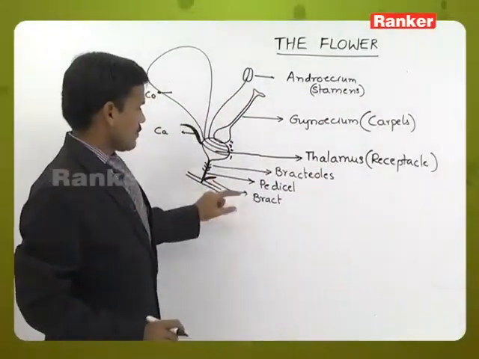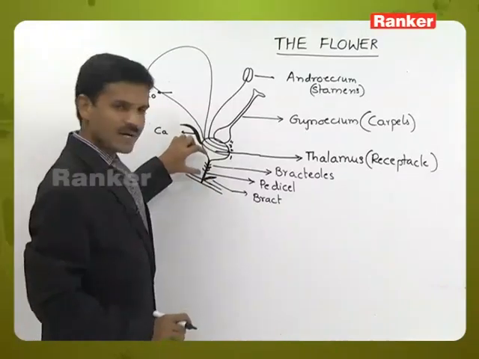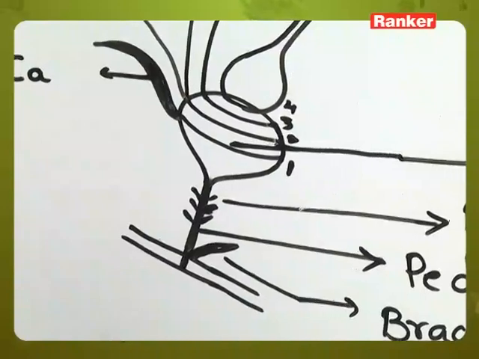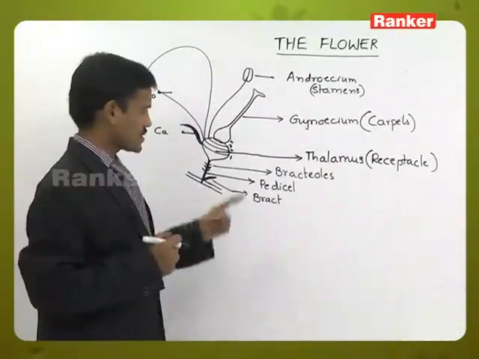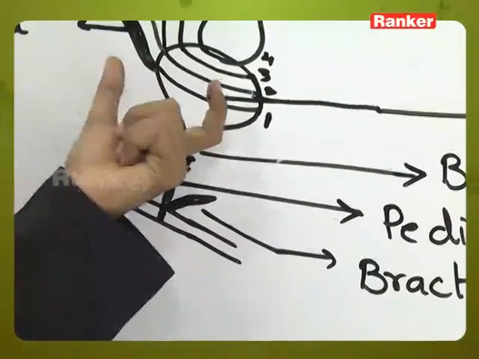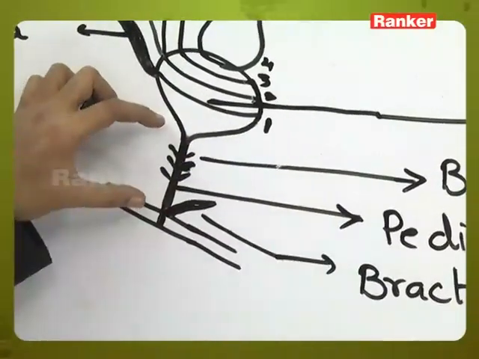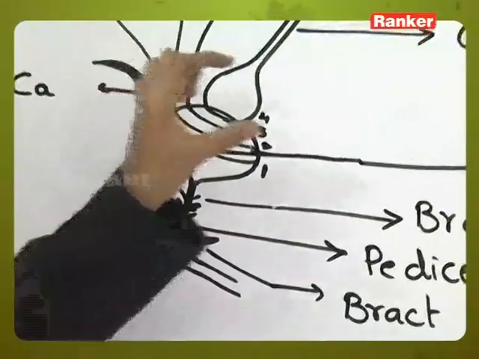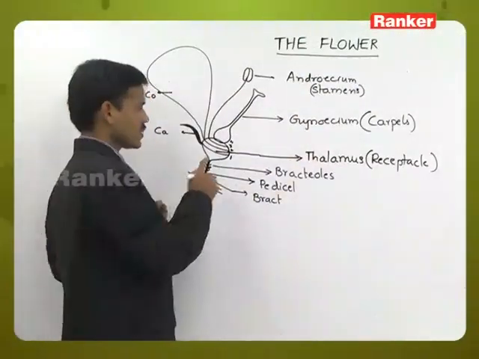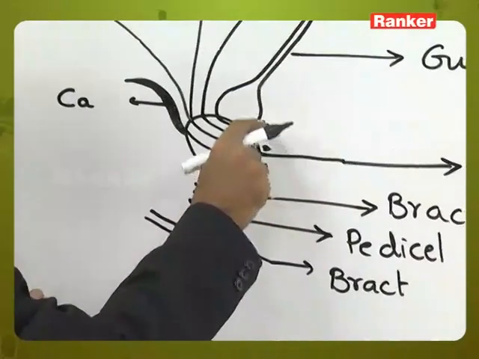So in the flower, bract is a hair like structure, and the stalk like structure is pedicel, and on the pedicel a number of small hair like structures are present, called as bracteoles. The pedicel is swollen, and this swollen part is called as thalamus or receptacle. On the receptacle 4 nodes are present: first node, second, third, fourth node.